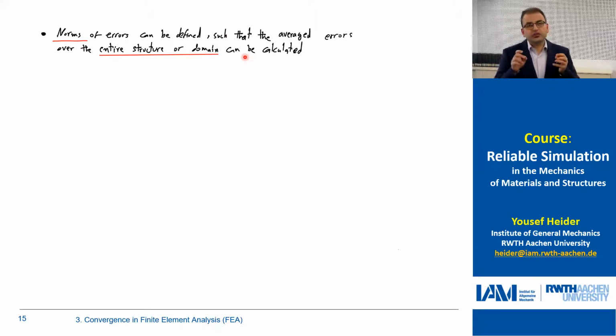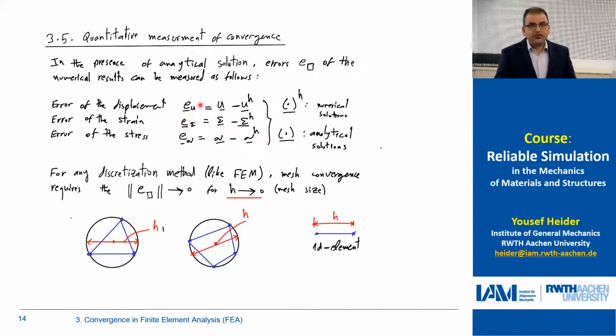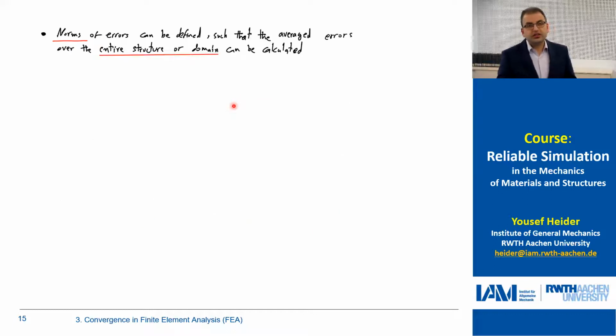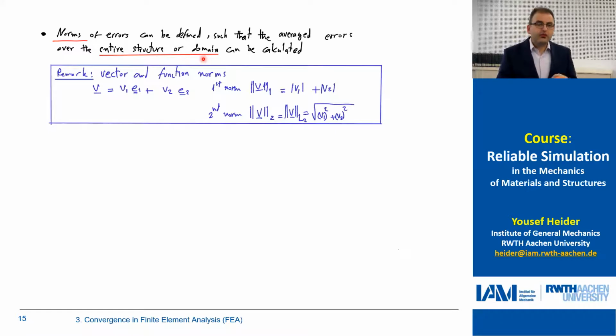This is important because the displacement is given at each node of our finite element mesh, however we discretize the domain. So we would like to see an error which is related to the whole domain of our finite element computation. That's why we are interested in the entire structure or domain, and that's why we also include integration in the computation of the error.